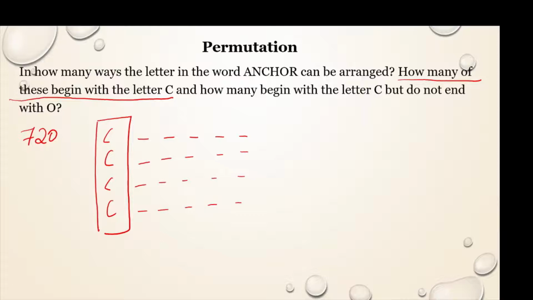So now n equals 5 because C is fixed. You are not going to change C because it is the first letter. n equals 5 and r is also equal to 5.